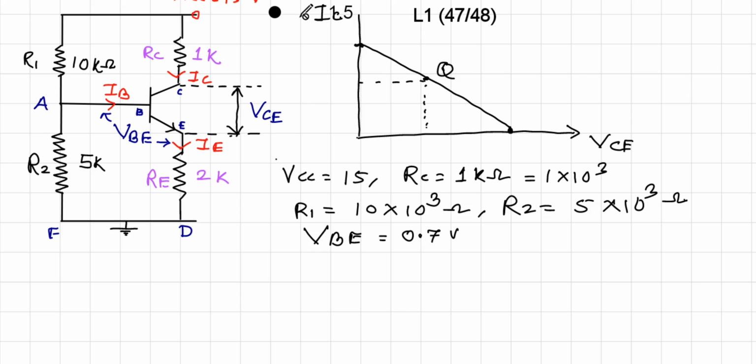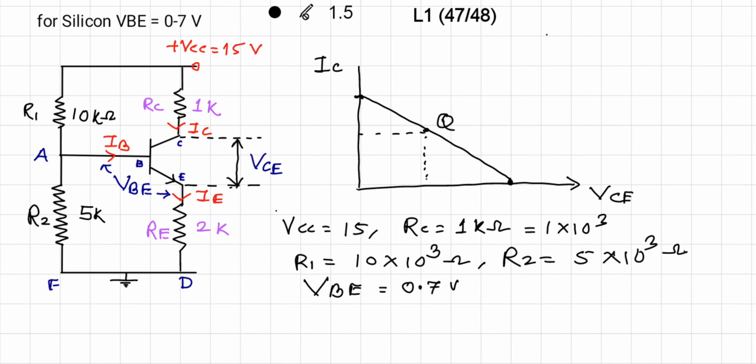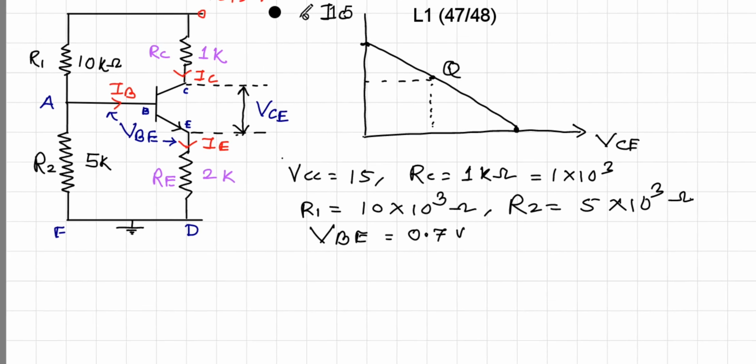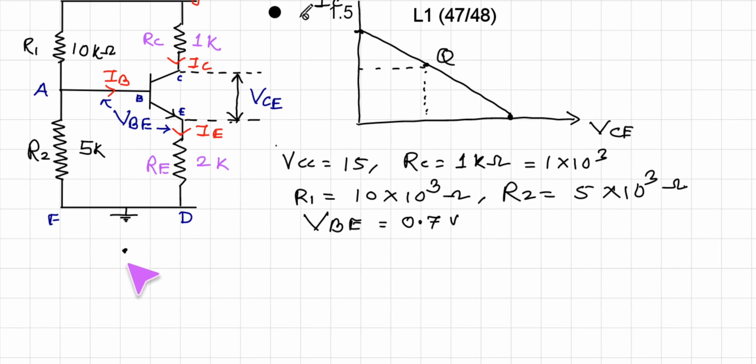So now let us find the voltage across resistance R2. So remember that voltage across R2 when we have to find out. So here when we talk about voltage divider, let us consider this is VCC, which is connected to R1, which is connected to R2, and R2 is connected to ground.